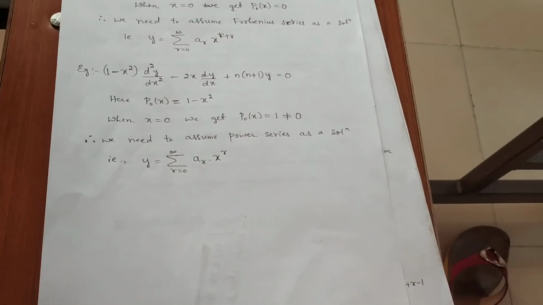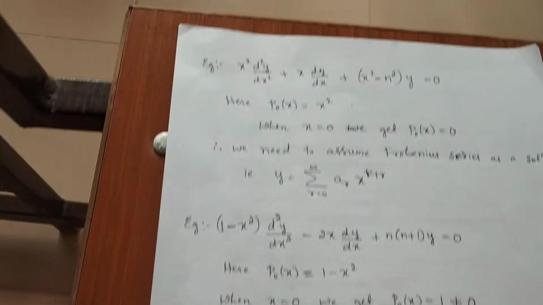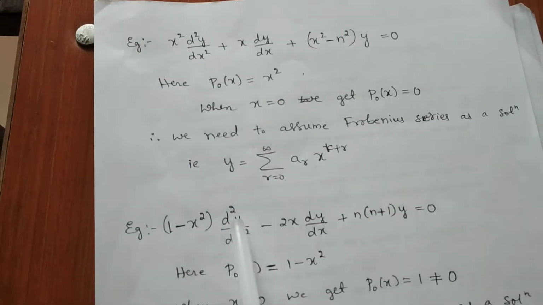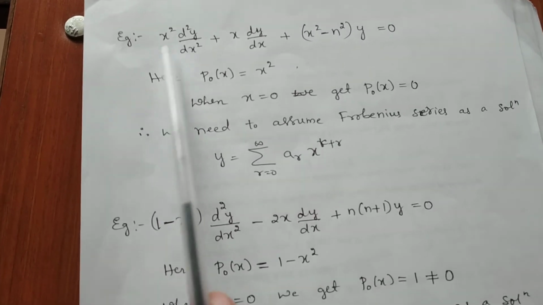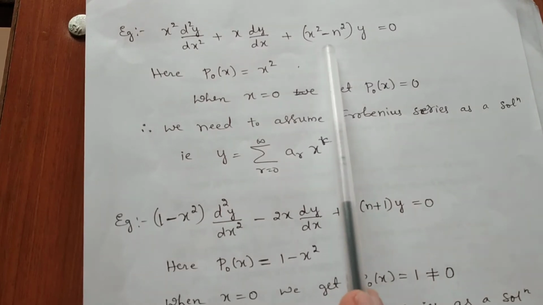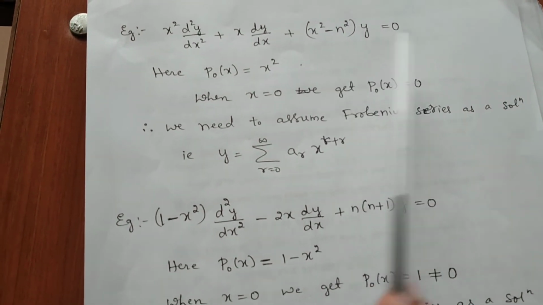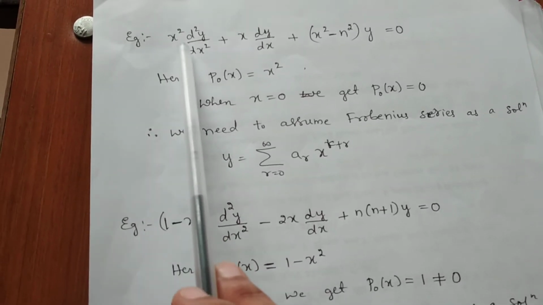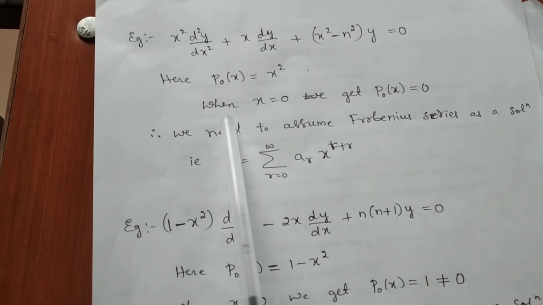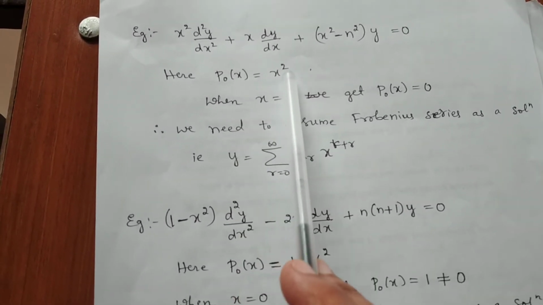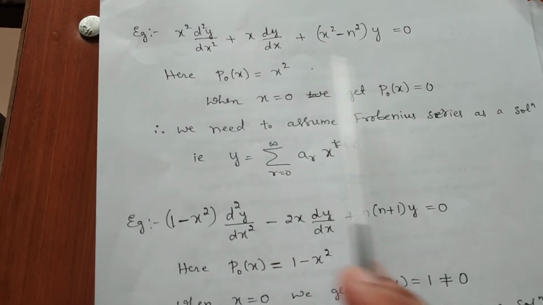Now let us move to examples for power series and Frobenius series. For example, suppose you have x square d square y by dx square plus x into dy by dx plus (x square minus n square) into y equal to 0. Here p0 of x is x square. When x equal to 0, the value of this is 0.